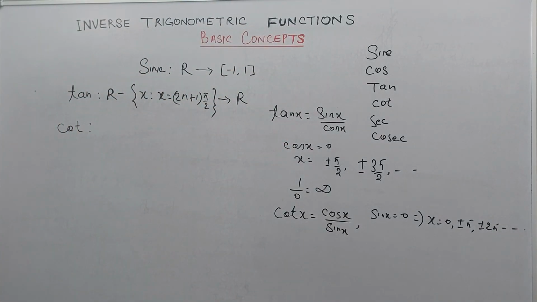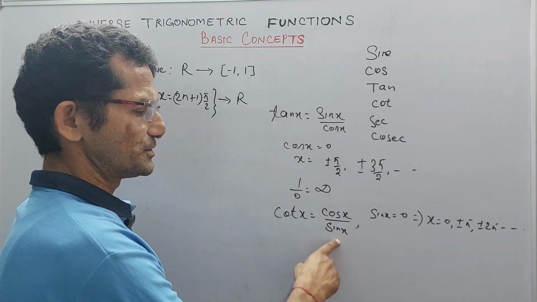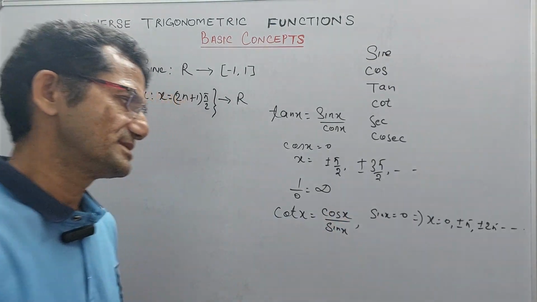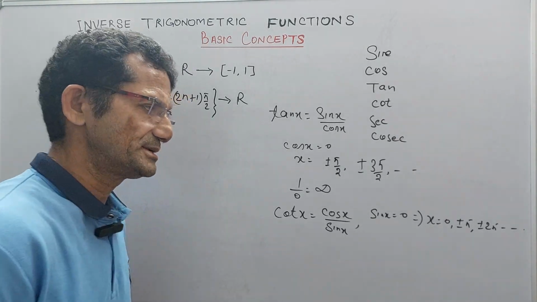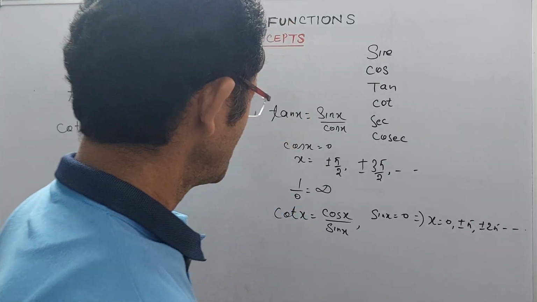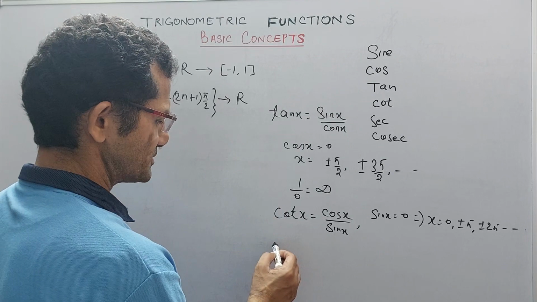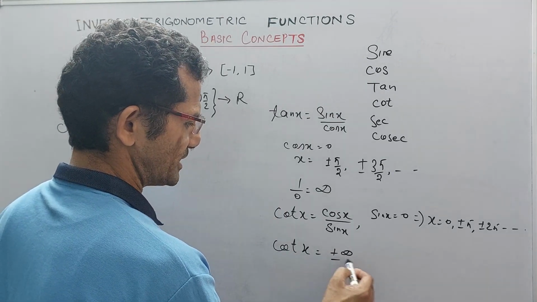For these values the denominator becomes 0, and something is 0 in the denominator, so it becomes plus minus infinite. So cot x has the value plus minus infinite; if it is not a real number, it is called not defined. Cot x in these values is not defined. Cot x becomes plus infinite, also minus infinite.